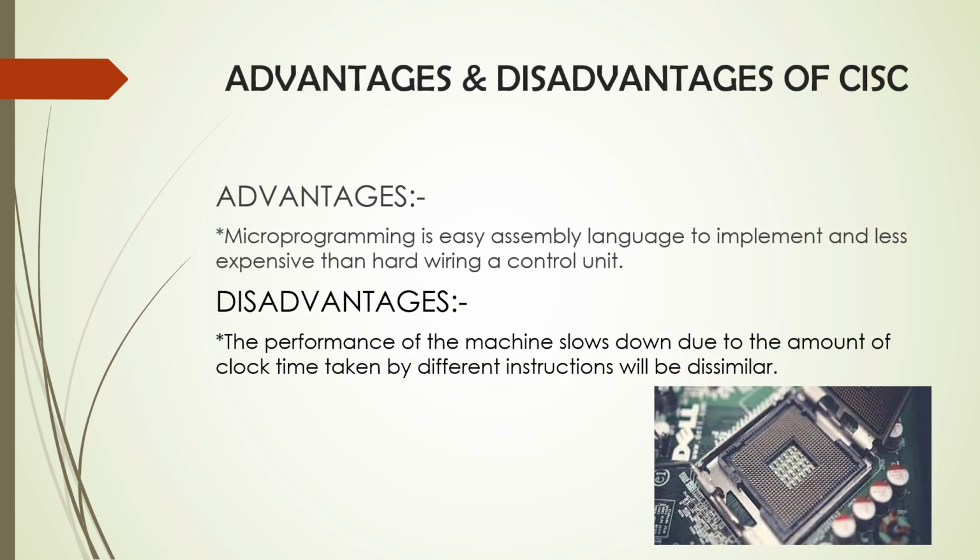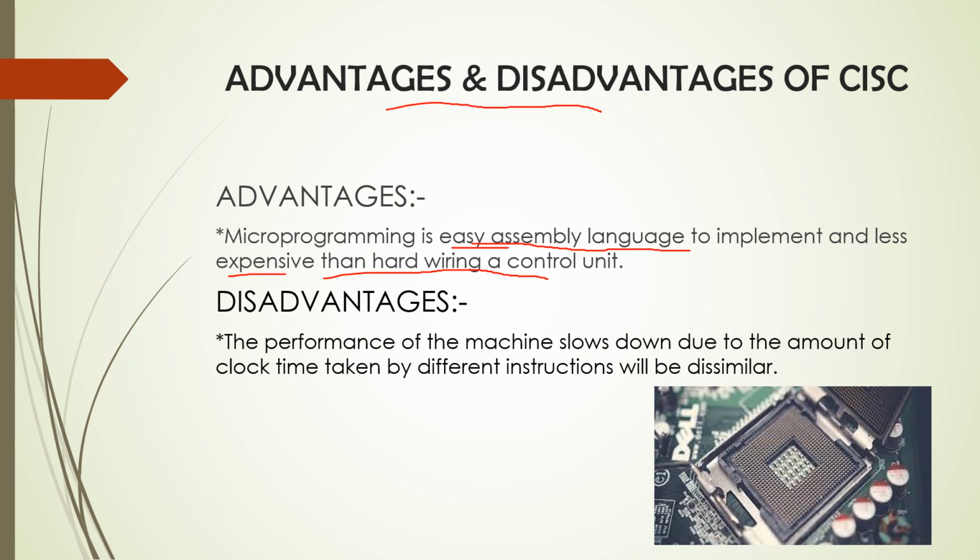Let us see what are the advantages and disadvantages of CISC. Advantages: microprogramming is easy, assembly language is easy to implement, and it is less expensive than hardwiring a control unit. That is, it is less expensive and assembly language is easier to learn.